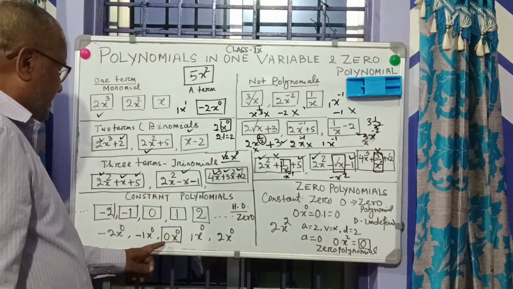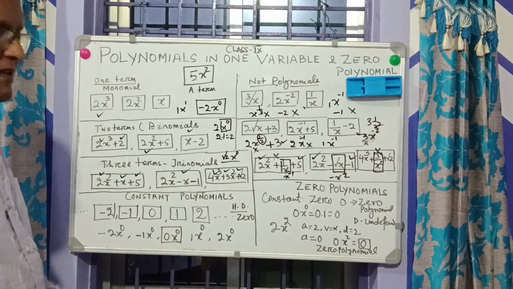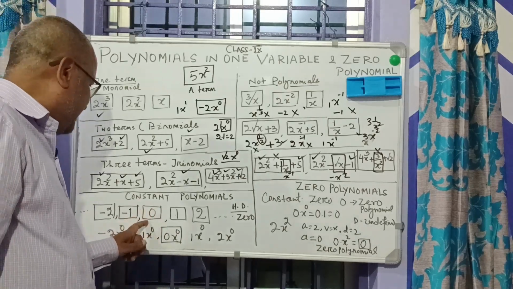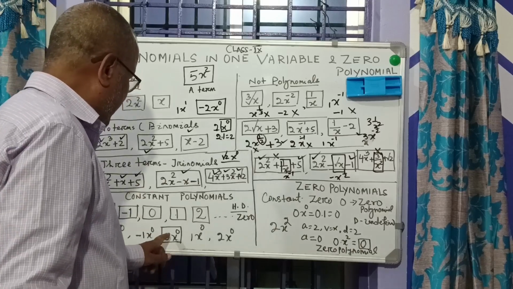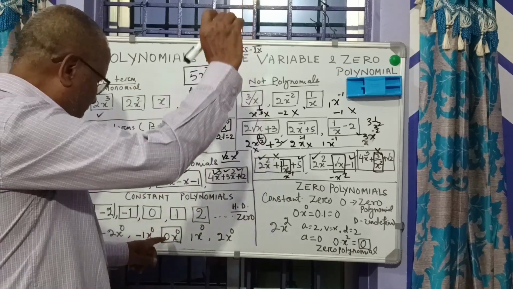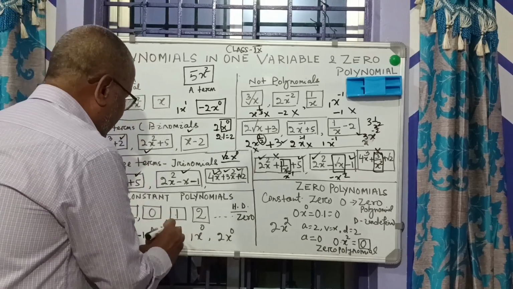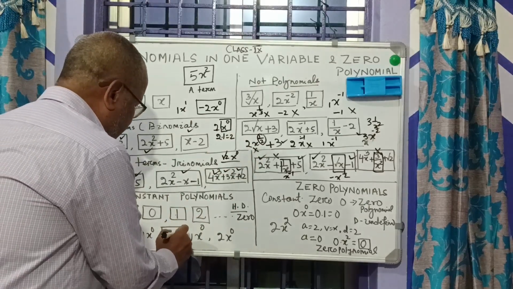But one thing here, 0 is also a constant, is an integer, neither positive nor negative. So 0 is an integer. So it is a constant, and when 0 is called a constant polynomial, you see 0 x power 0.